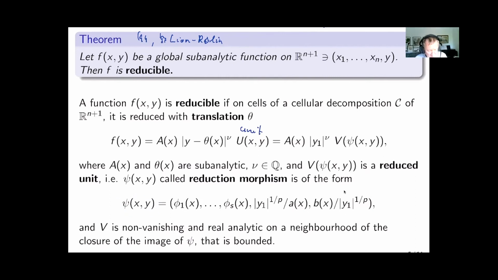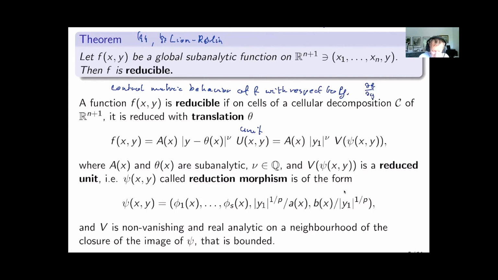So this theorem replaces, in a way, resolution of singularities, but it allows you to control the metric behavior of f with respect to y. And not only of f, but also of its derivative.